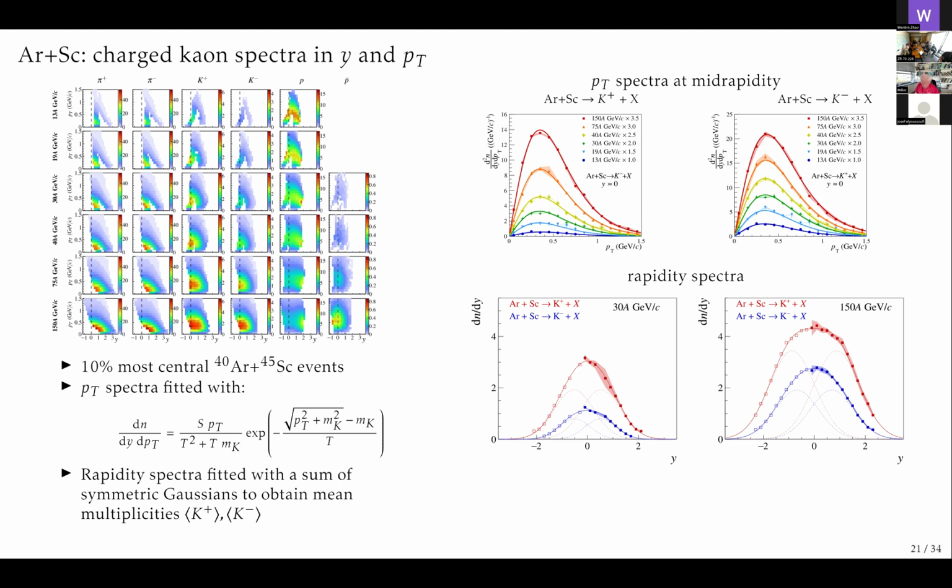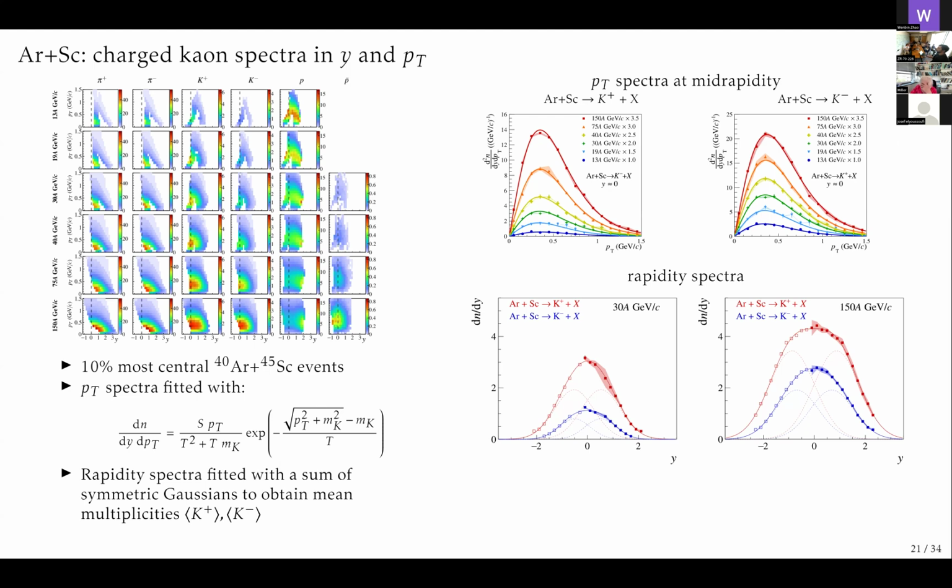We scan a couple of collision energies, and we measure various charged hadrons. We construct PT distributions out of those y-PT distributions, and rapidity distributions as well. In some cases, the PT distributions need to be extrapolated. In case of kaons, this is relatively simple.